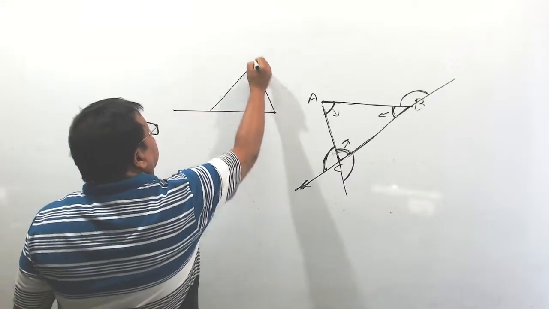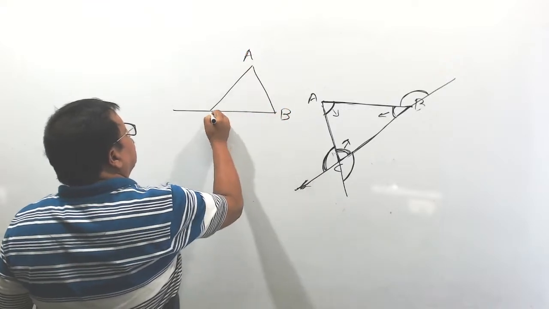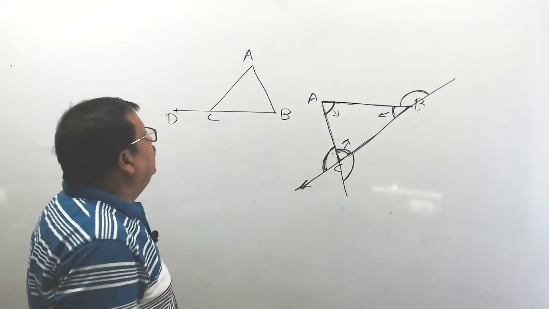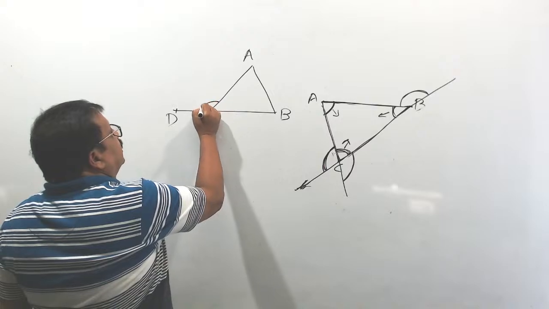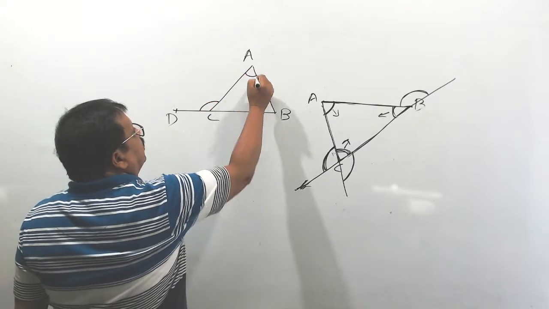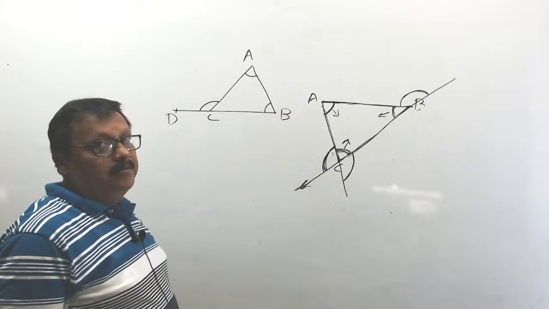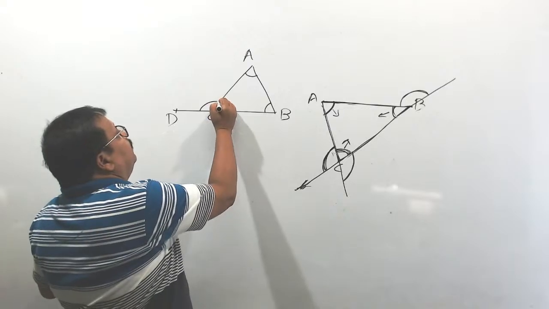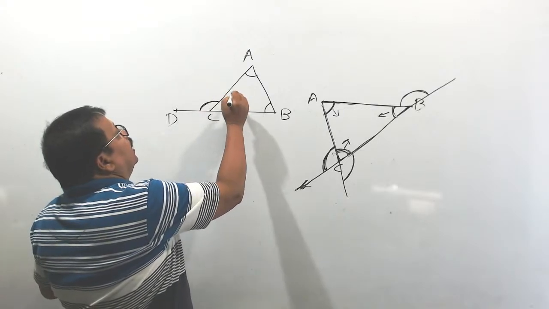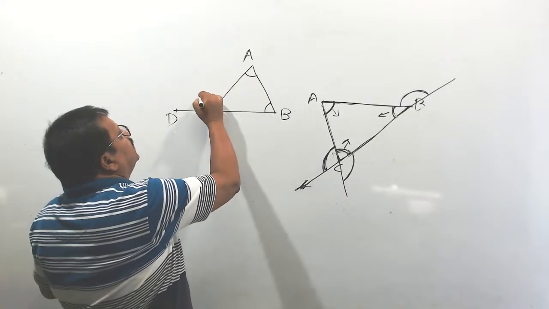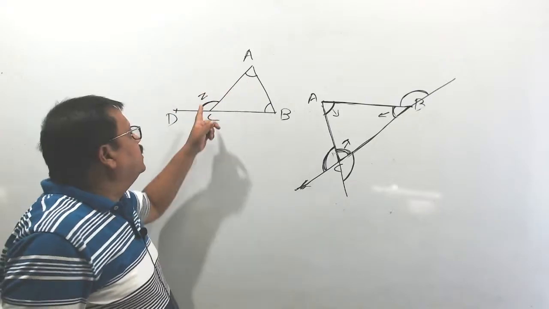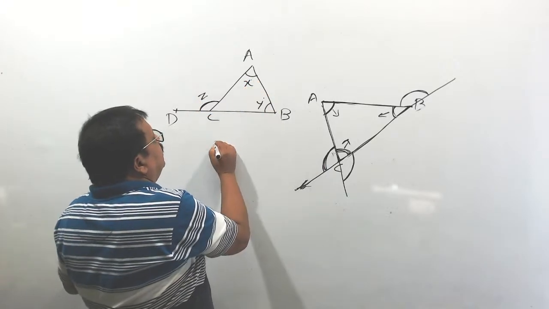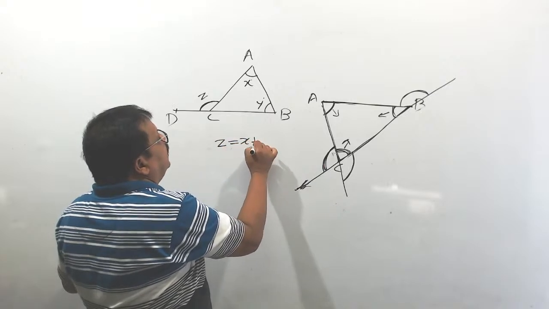Say this is the triangle ABC, extended up to D. This is the exterior angle and these are the two interior opposite angles. The theorem is that if the value of this exterior angle is z degrees, and the opposite interior angles are x and y, then z will be equal to x plus y.